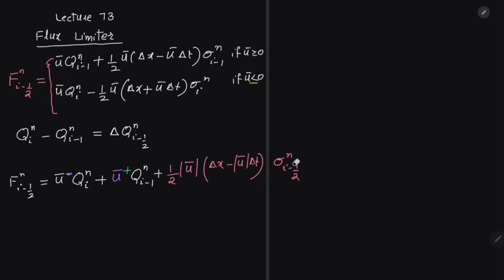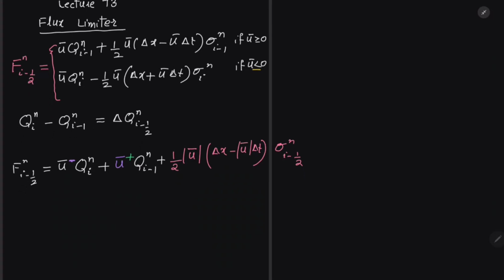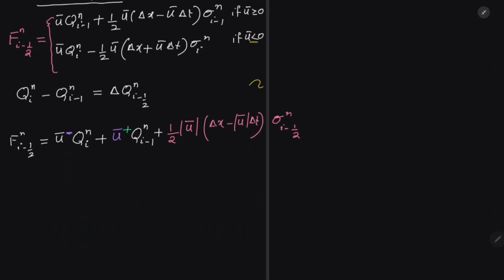It can be delta Qn I minus 1/2 divided by delta x, so it should be sigma n I minus 1/2. I just want to manipulate this further, and maybe discuss it further first.